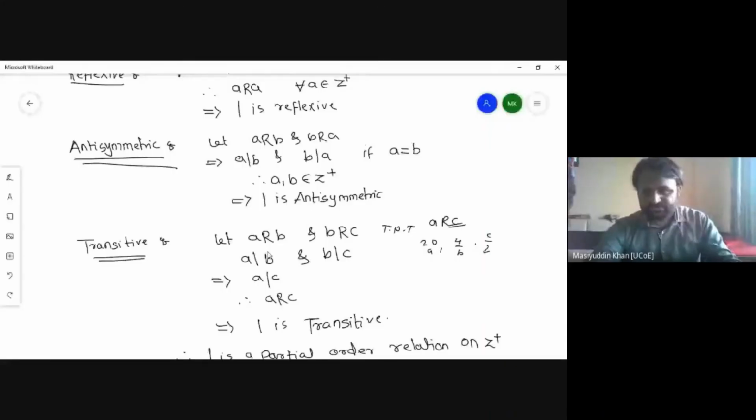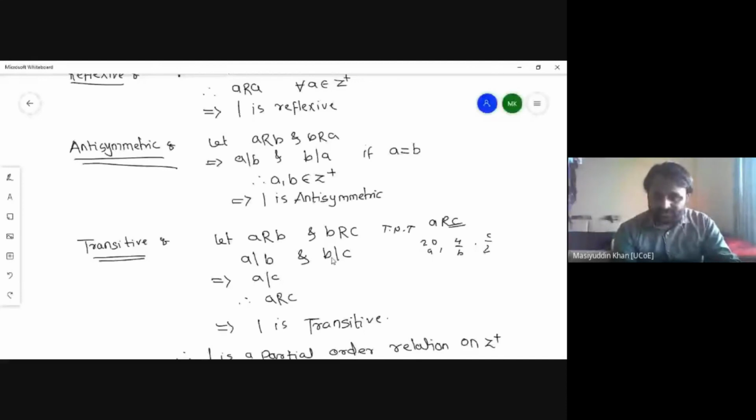So a related to b means a is divisible by b, and b related to c means b is divisible by c. For understanding, we take three positive integers: a is 20, b is 4, and c is 2. 20 is divisible by 4, and 4 is divisible by 2.